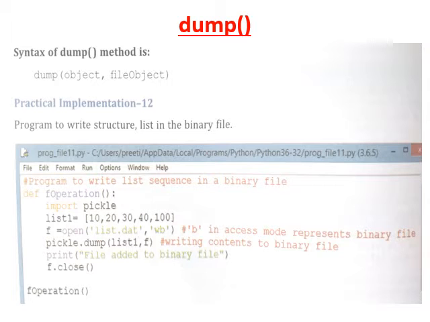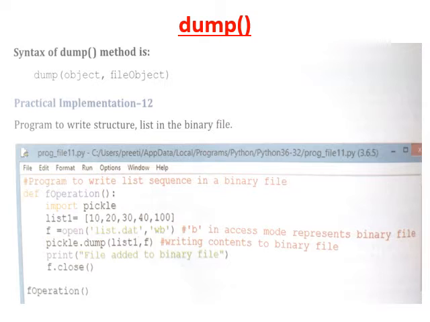Then a function is created with the name f operation. Inside this we are importing the module pickle. That means this should be the first activity if you are working on a binary file. Just below it we are initializing one list with the name list1, and the elements of the list are 10, 20, 30, 40 and 100. That means you are storing some values in the list, initializing it.